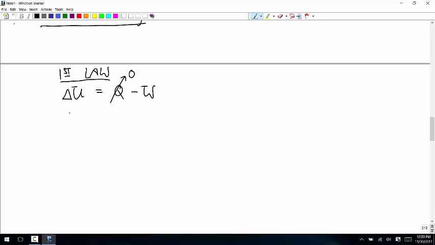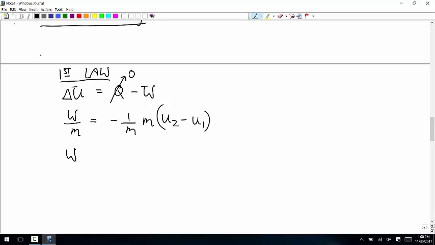And so we know that the work divided by the mass, that's what we're trying to find, is equal to negative 1 over mass times the mass times U2 minus U1.